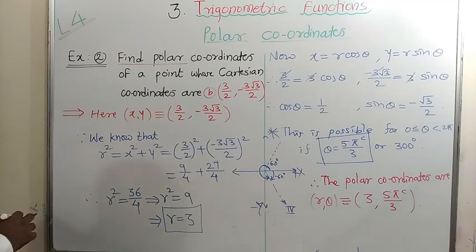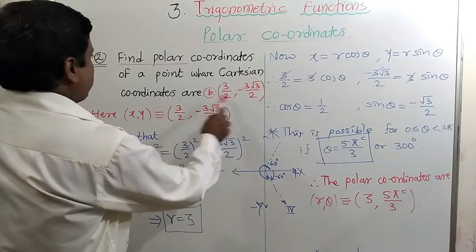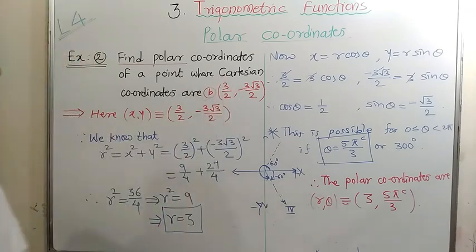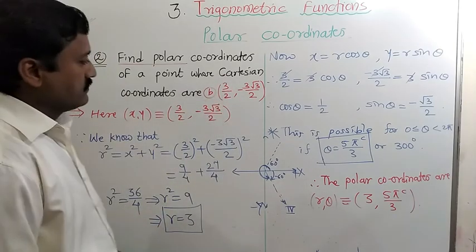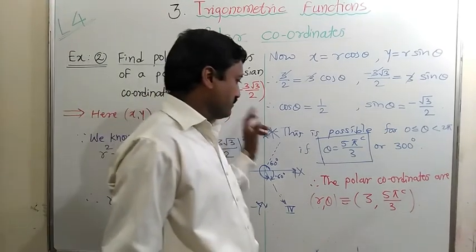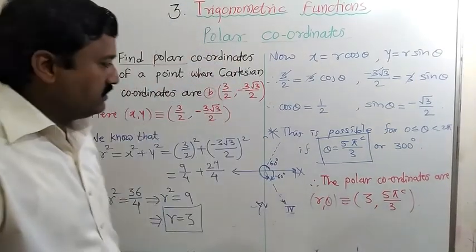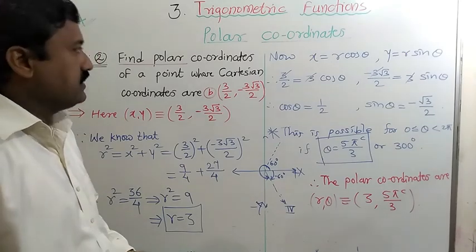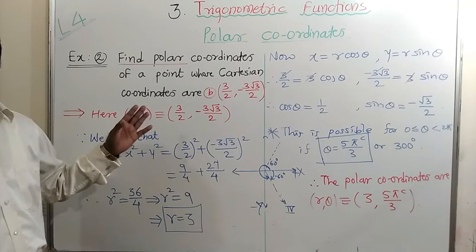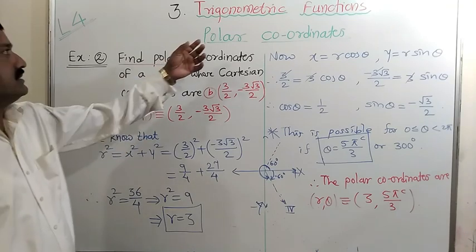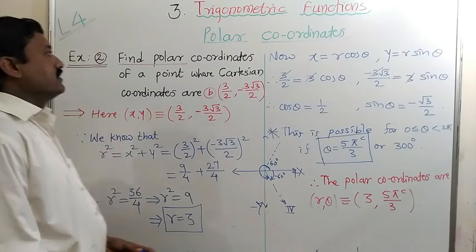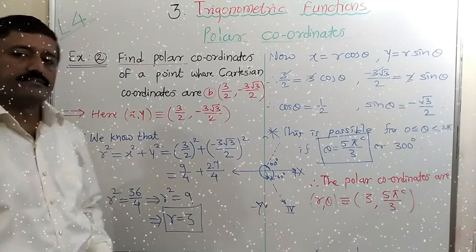So this is the answer: the equivalent polar coordinates of these Cartesian coordinates, 3 by 2 and minus 3 root 3 upon 2, are 3 and 5 pi by 3 radian. These are the two types of examples based on this article, which is the relation between polar coordinates and Cartesian coordinates. Okay, thank you.